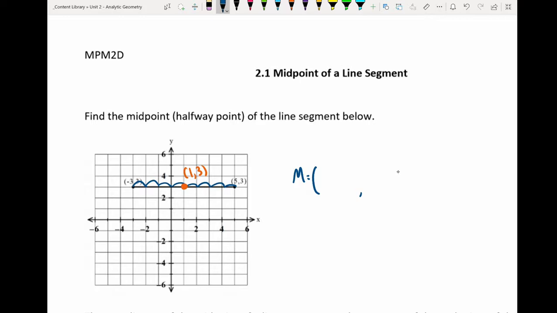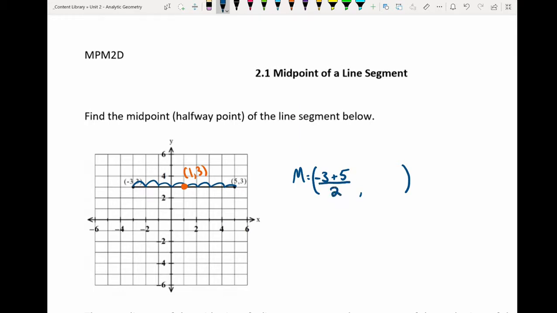Because it's a midpoint, we're going to be dealing with 2 parts, the vertical aspect and the horizontal aspect. Let's start with horizontally, the x value. So horizontally, I start at -3 and I go to 5. If I do that, that's my entire distance.